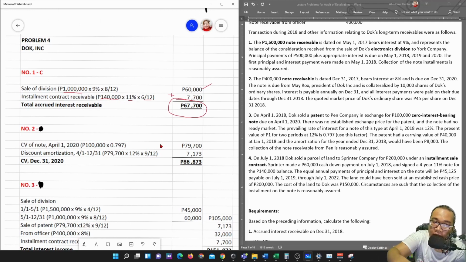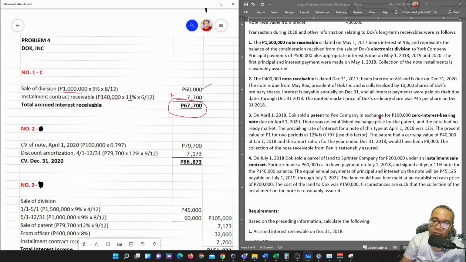Tapos per year, basta naalala niyo sa discount amortization, di ba? Ito yung starting niya, yung sa last column ng table. Tapos per year madadagdagan yan until ma-reach niya yung maturity period niya, kailan na siya magiging kailangan bayaran, tapos ma-reach na yung 100,000.